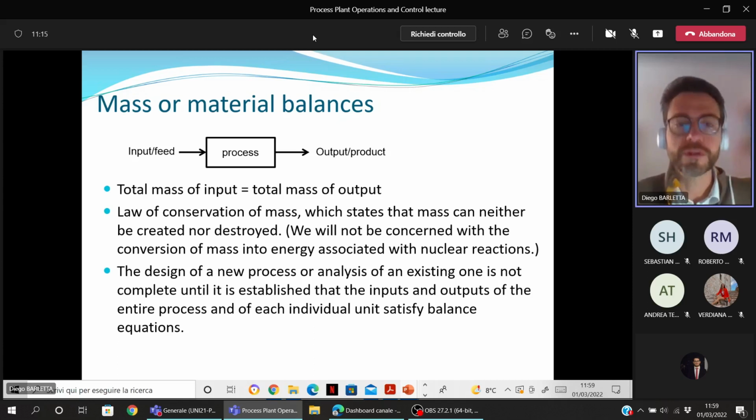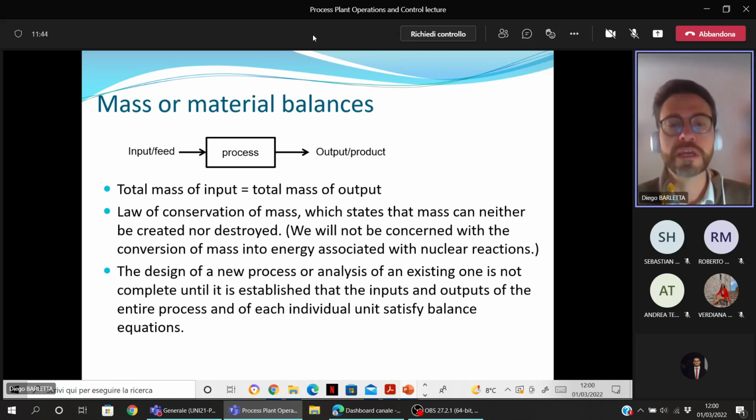It is the fundamental law that we have to consider when we are designing or operating any process, because we cannot complete the design or the analysis of an existing process without considering the relationship between inputs and outputs on the basis of the material balance equation.